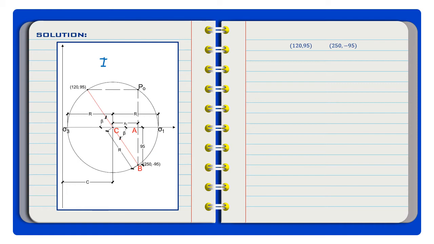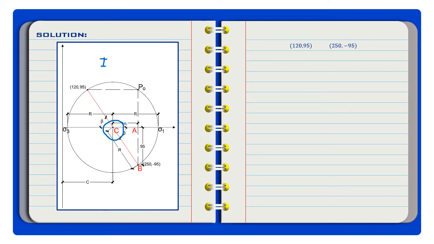Then, we draw the Mohr's circle using those 2 points. Connecting those 2 points, you will create the diameter of the circle. From that diameter, it will intersect the center of the circle, which is ito.